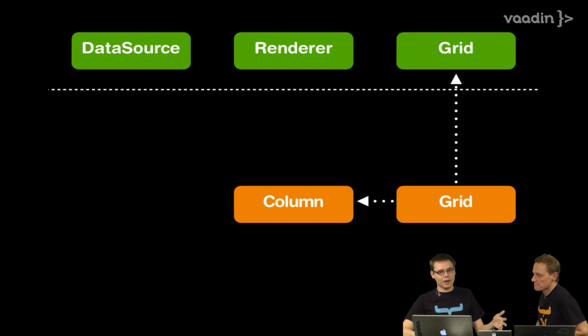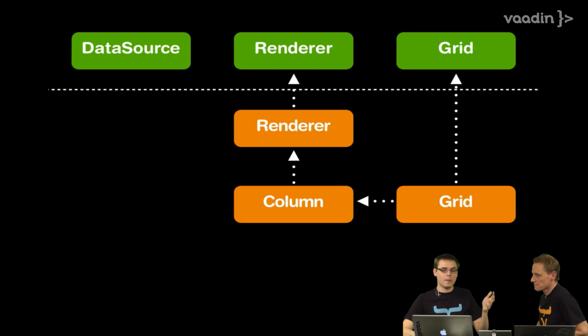Then on the server as well, we have columns. For each column you also define a renderer. If you don't do anything, you get a plain text renderer that just takes a string value from the data source and shows it as a string. But you can pick some other renderer as well.